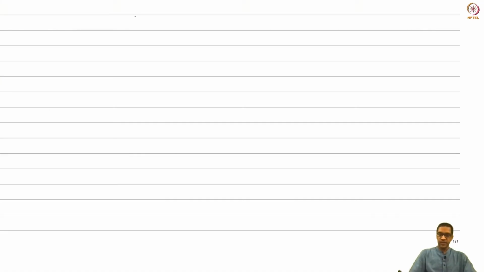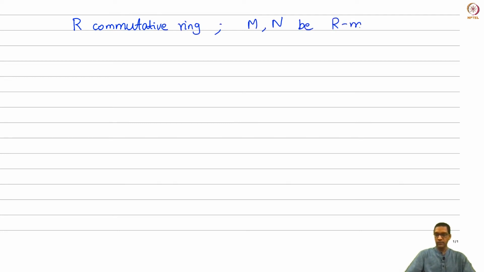Let's consider the special case of tensor products of modules over commutative rings. So I'm going to assume now that R is a commutative ring, and let M and N be modules over R. Recall this important thing we talked about before when we talked about bimodules.